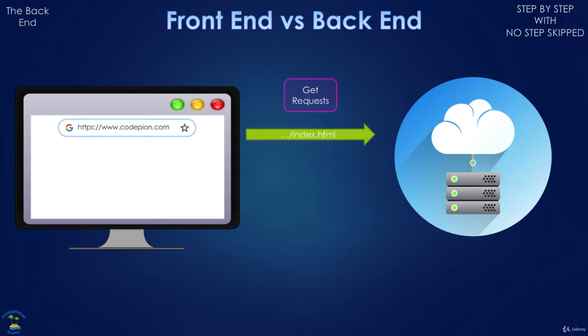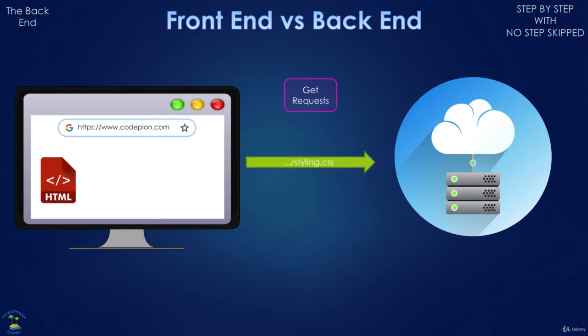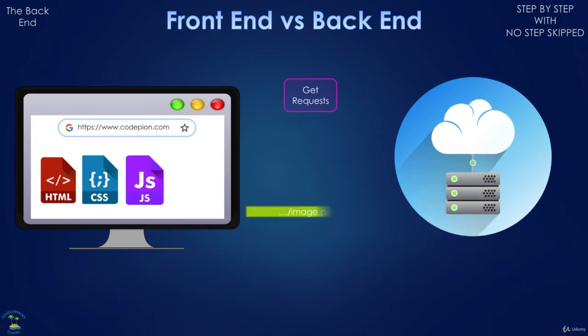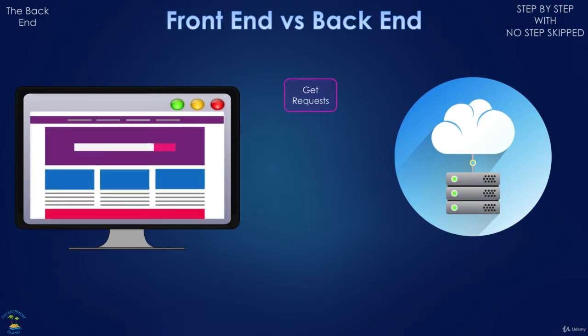Depending on your file, you will have a few requests which are going to be sent to the server, including your HTML file, your CSS file, any JavaScript files, any pictures, and so on. So all these files are going to be served as static content from the server. Then your browser is going to combine those files and display the web page for you. So this is how it works for static content.